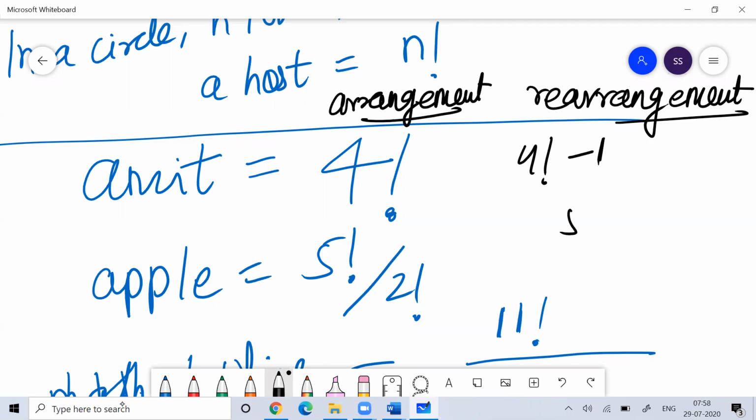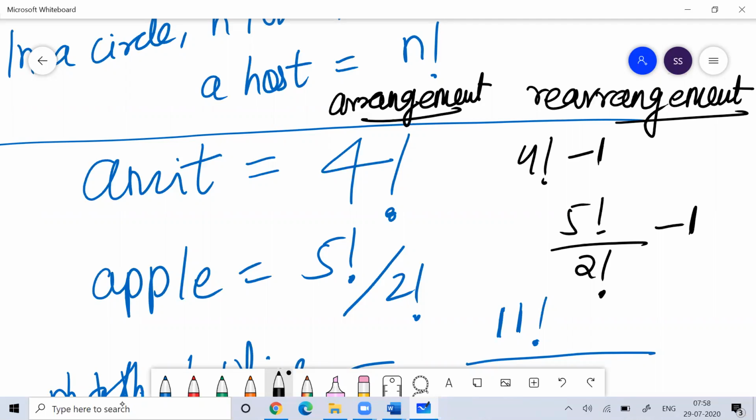Whenever I ask you rearrangement, it basically means you will not include the letter arrangement which is given to you. In how many ways can you rearrange the letters of the word Amit? In that you'll talk about all the cases except Amit. So that's why minus 1.